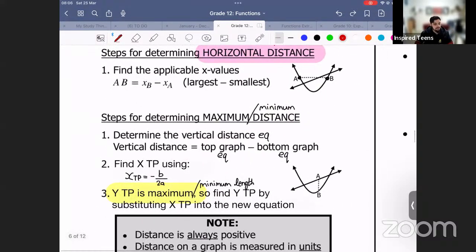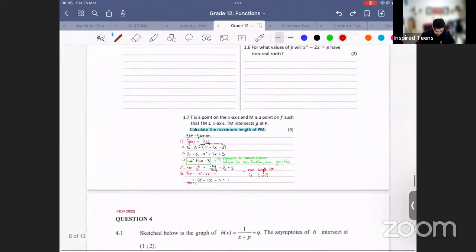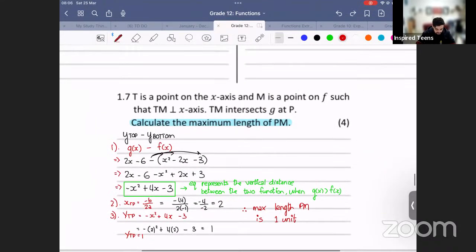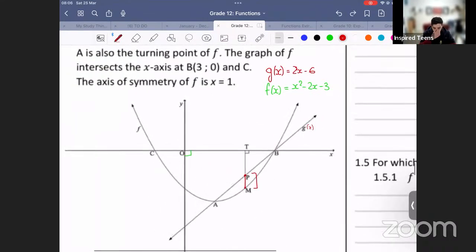Then we said maximum distance, right? And I believe we did this example, where in this graph we were told to calculate the maximum length of PM. Even though we learn it as a distance between two graphs, they don't specifically mention calculating the distance between the two graphs.